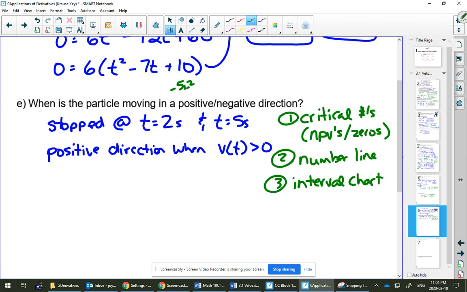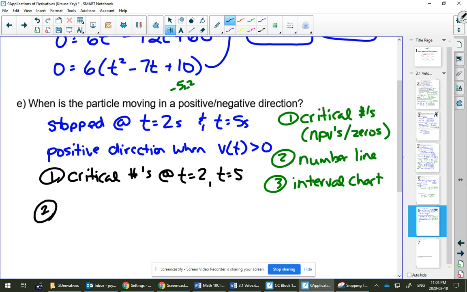So the first thing is our critical numbers. We already know that the critical numbers are 2 and 5. From there, we're going to create a number line. So we've got 0 seconds, 2 seconds, and 5 seconds.